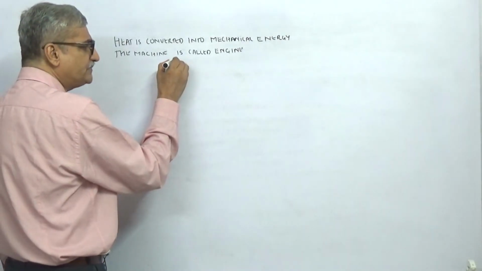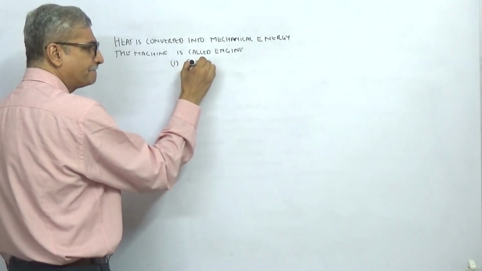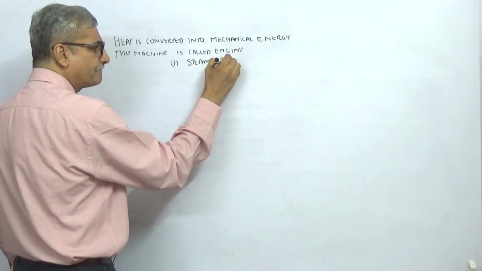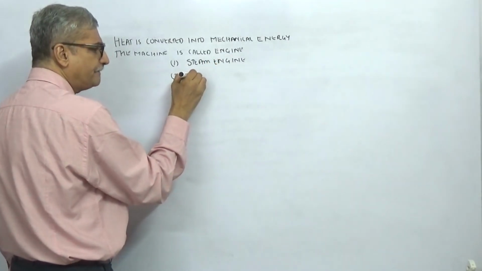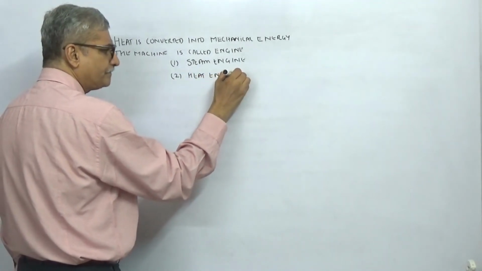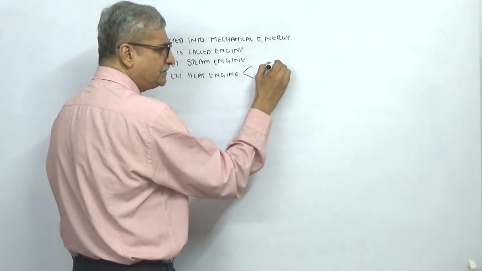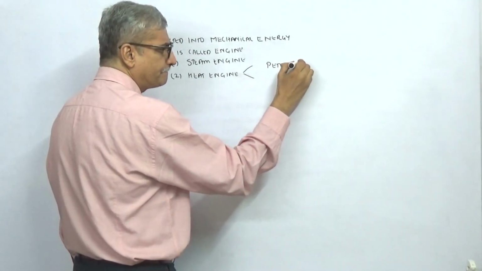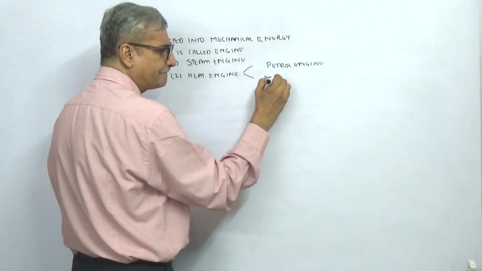Basically there are three types of engine. One is a steam engine. The second is a heat engine. Heat engine is further divided into a petrol engine and a diesel engine.